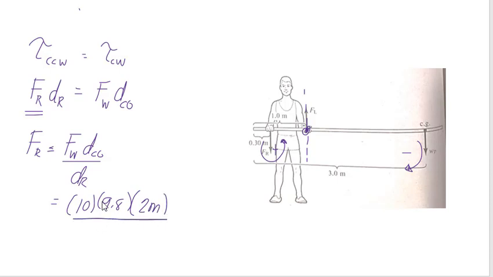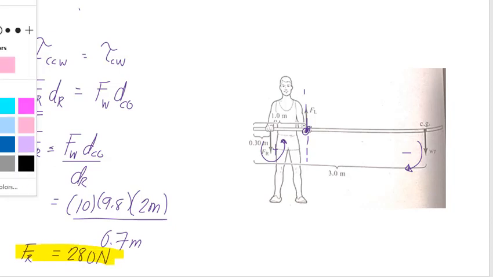Then divided by the distance of the right force from the axis of rotation, which is 1 meter minus 0.3, equivalent to 0.7 meters. Solving, 10 times 9.8 times 2 divided by 0.7, the force at the right hand should be equivalent to 280 newtons. So that's our answer. The force at the right is 280 newtons.